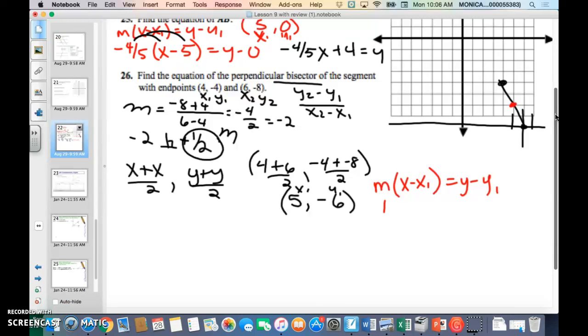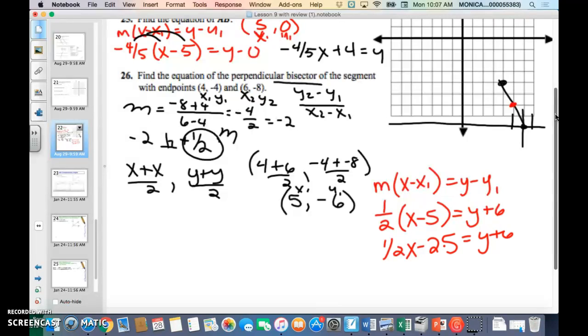M is 1/2. (x minus 5) equals y plus 6. 1/2 x. Now 1/2 of negative 5 is negative 2.5. So you subtract 6. 1/2 x minus 8.5 equals y.